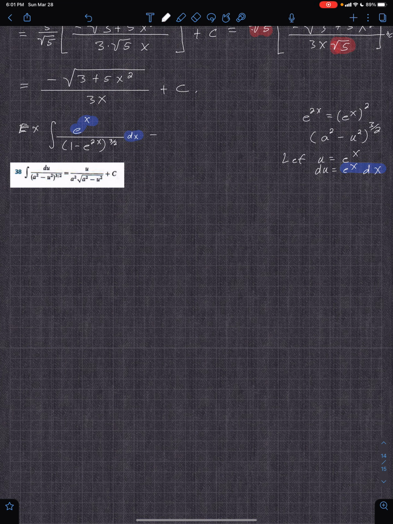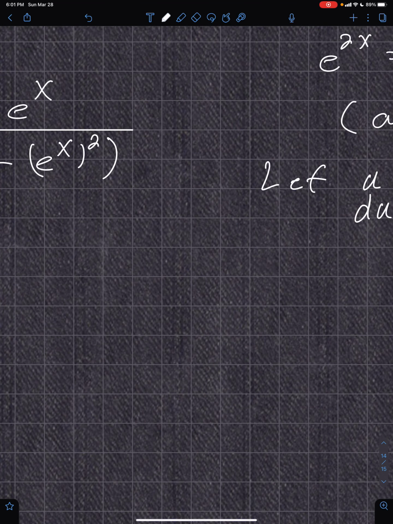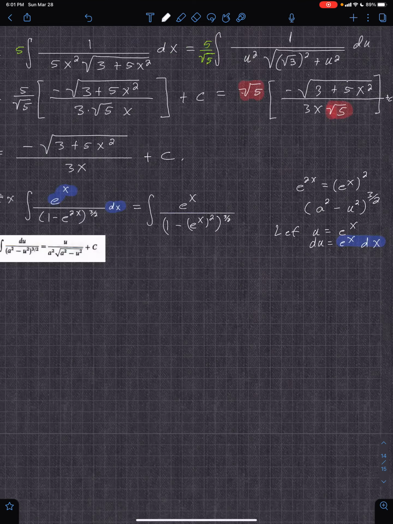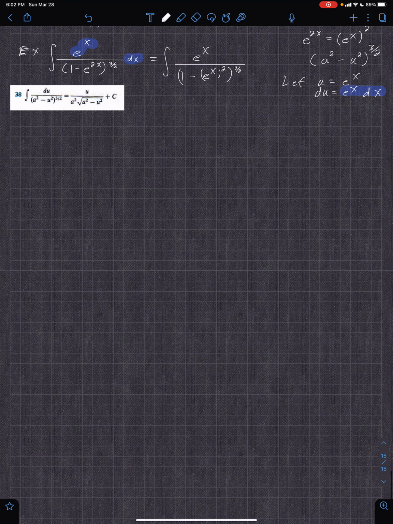This is equal to, and then we can rewrite this as the square root of e to the x over 1 minus e to the x squared, all raised to the 3 halves, dx.